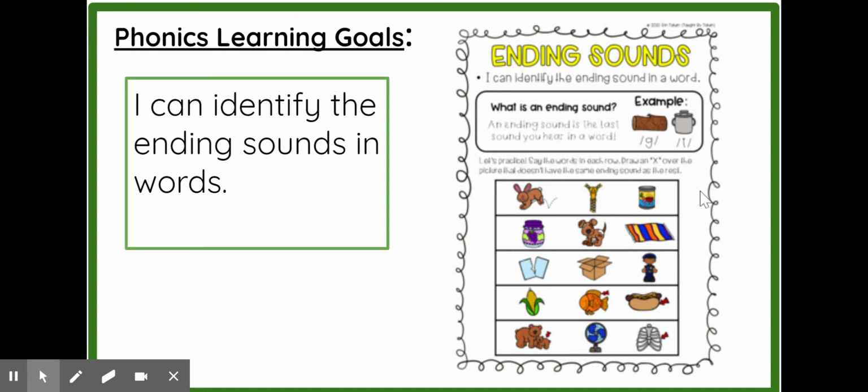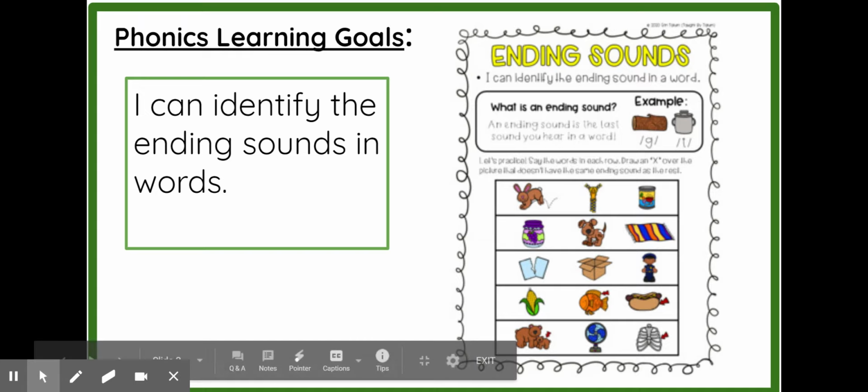Which of these words does not have the same ending sound as the other? If you guessed can, you are correct, because hop and zip have the same ending sound. Let's do one more and then I'll let you practice the rest.